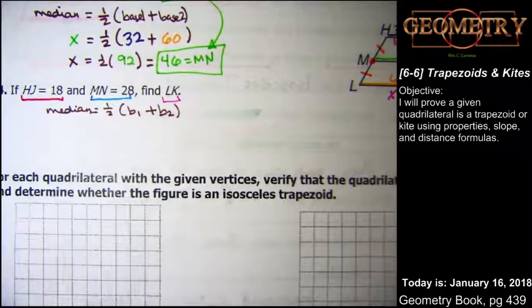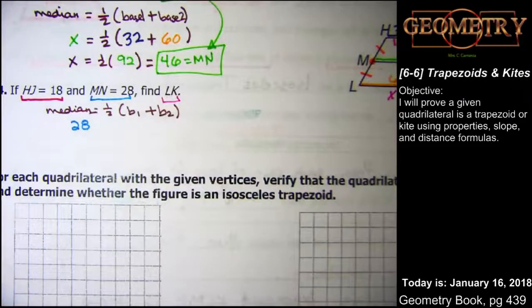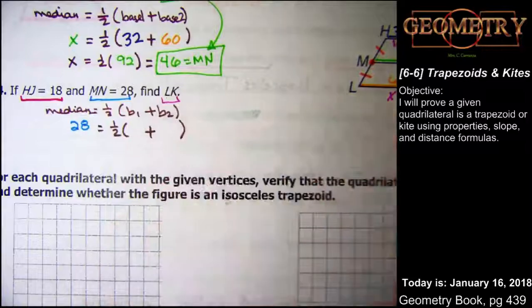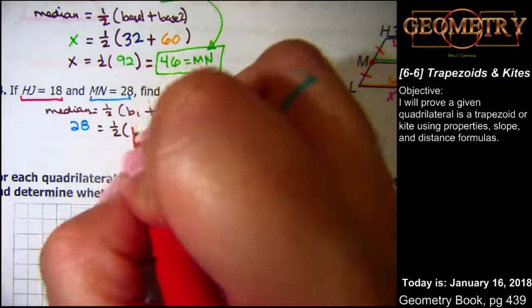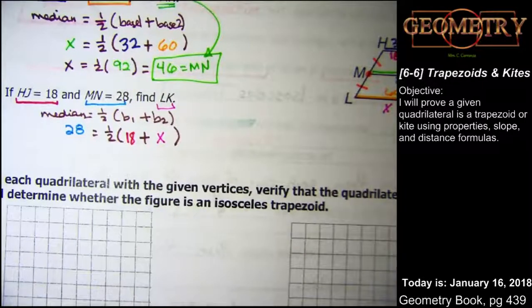My median is MN, which has a measure of 28. One of my bases is 18. And my other base is my unknown. I now am staring at an equation with a fraction. How do I get rid of fractions in an equation?